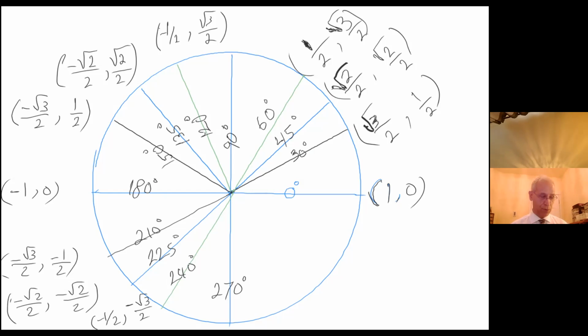Now let's continue to quadrant 4. Let me pick first the blue color and try to be consistent with the colors. And green for here.